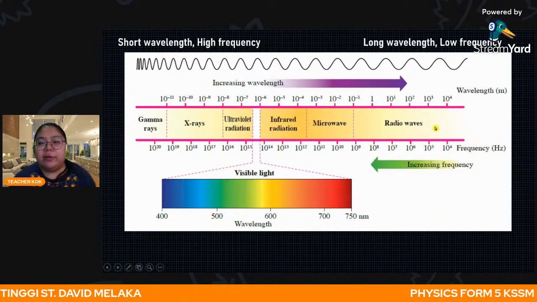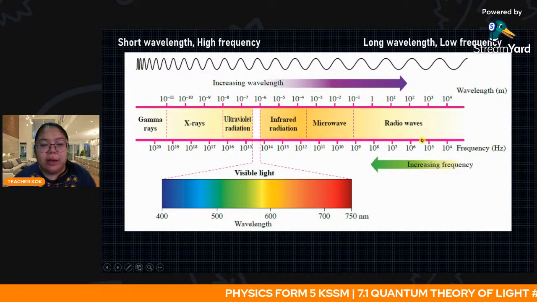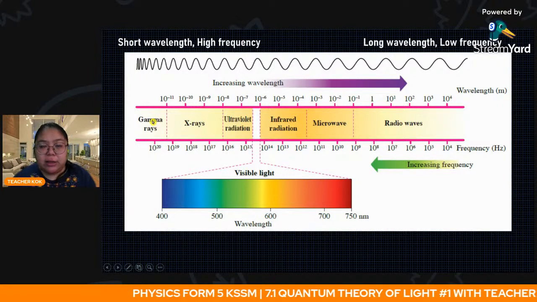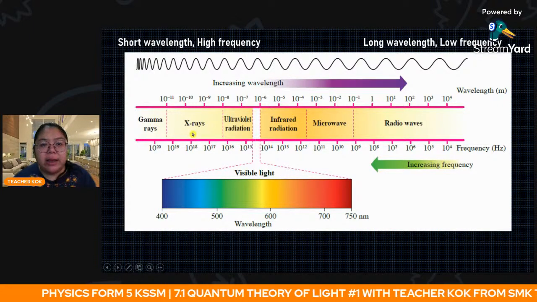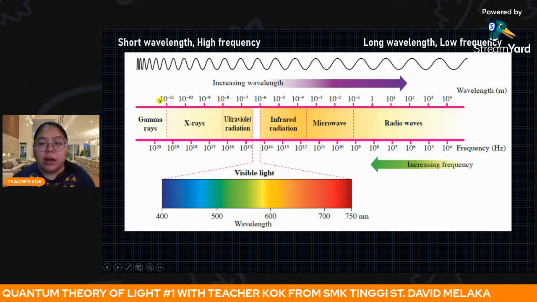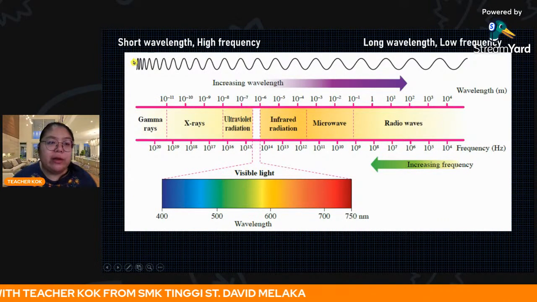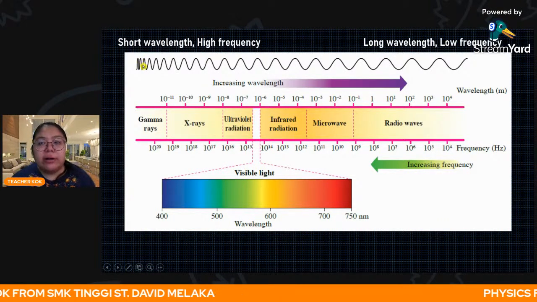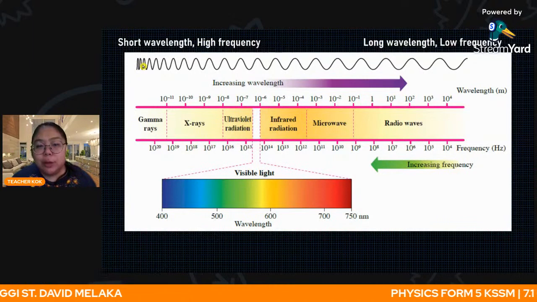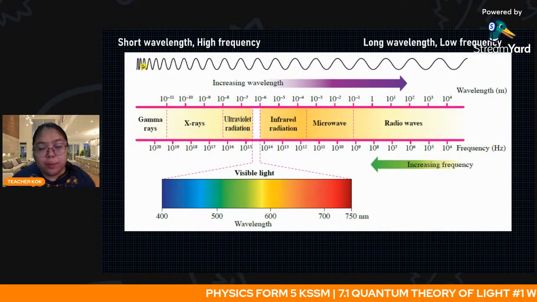After that, the frequency keeps increasing from the left to the right. Until the gamma ray, the frequency is the highest. Then you will find the wavelength of the gamma ray must be very, very short, because the wavelength and the frequency are inversely proportional.